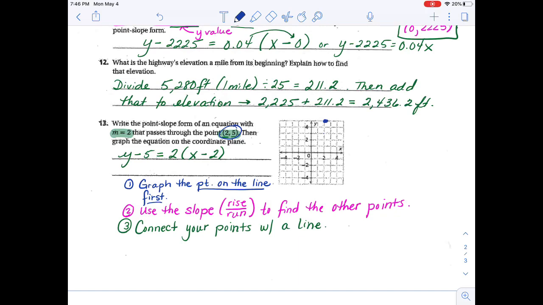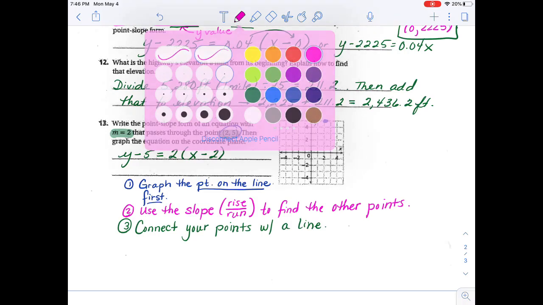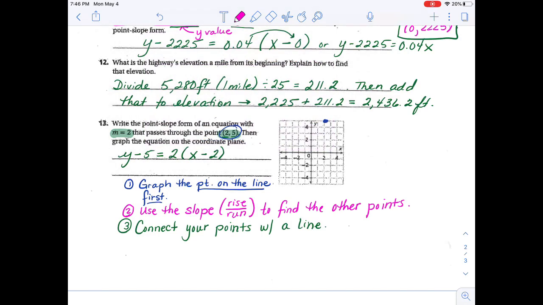Now I've got to worry about the slope. The slope is the rise over the run. So remember, that rise, if my slope is 2, that means 2 over 1. Go up 2 over 1. Well, that's kind of off my graph, up 2 over 1. So I know my 1 point's going to be here. So if I want to go down, I could actually do the opposite.